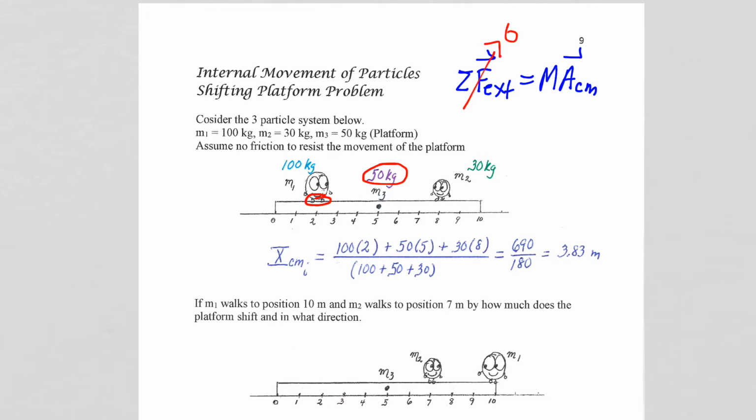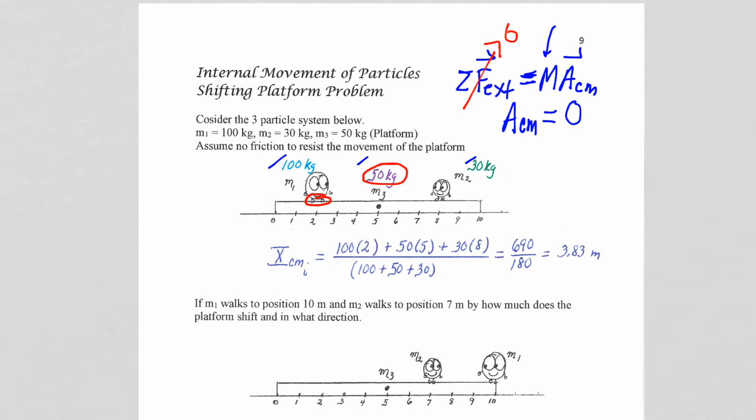When there are no external forces, that means the acceleration of the center of mass has to be zero. The mass of the system is not zero. That's going to be the 100, the 50, plus the 30. So the only way this equality is satisfied is if the acceleration of the center of mass is zero.